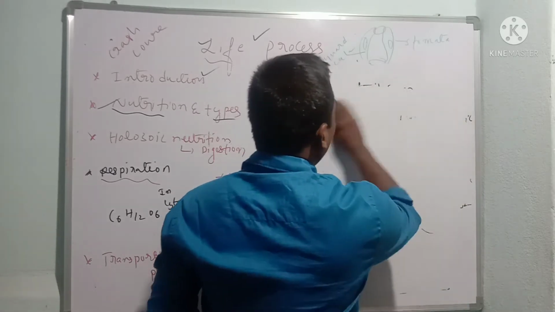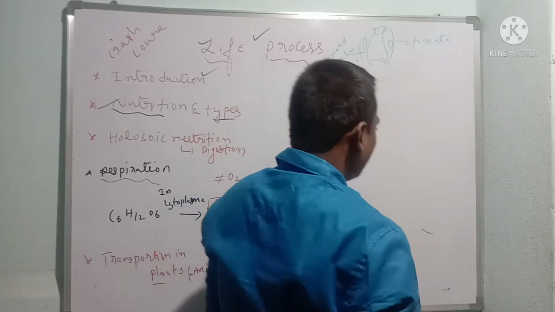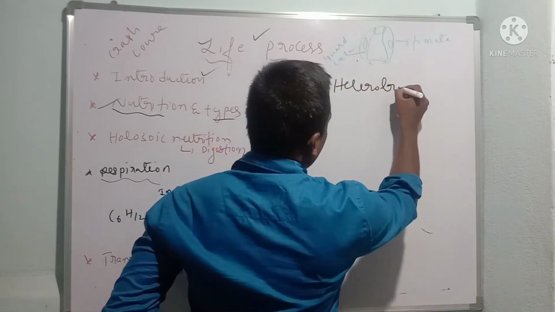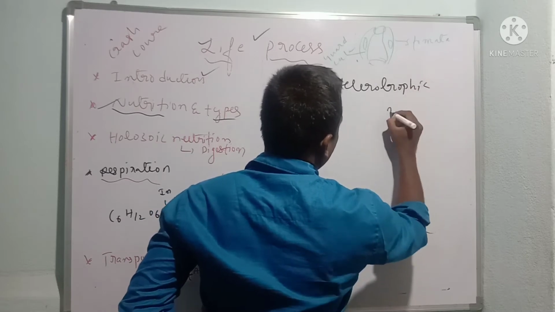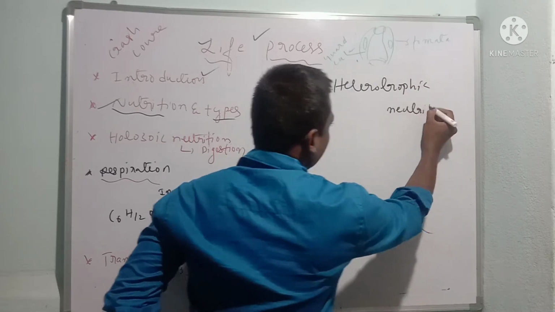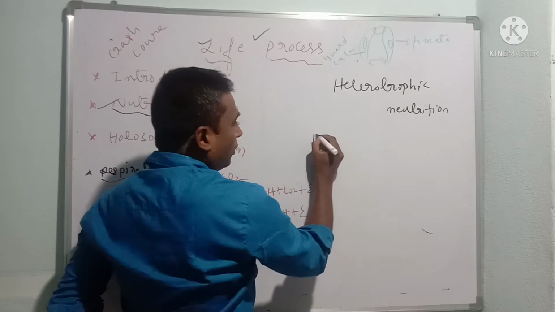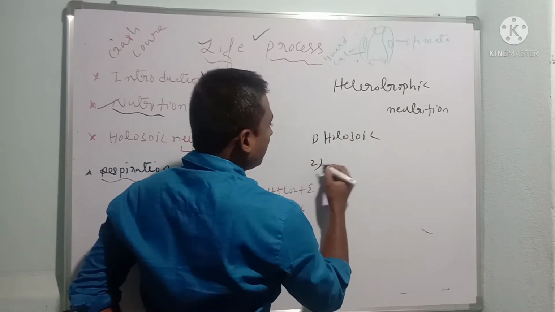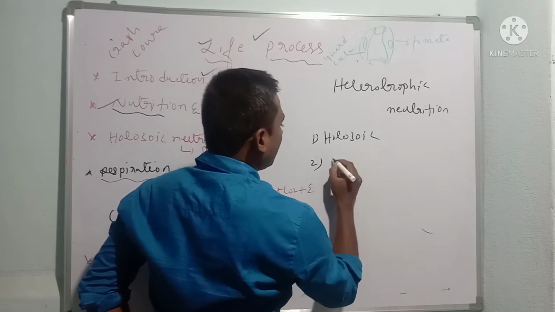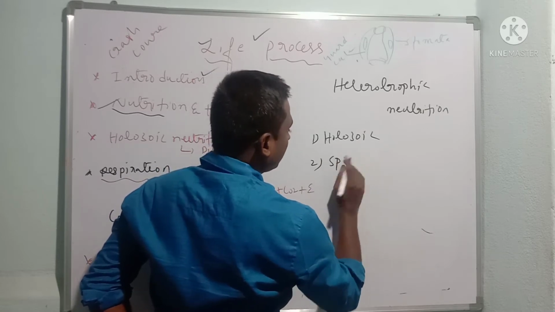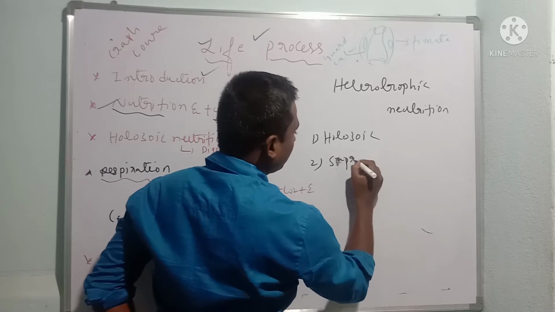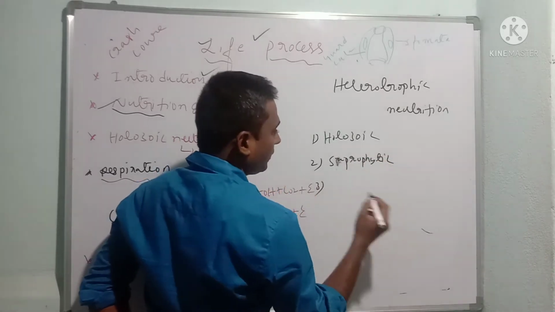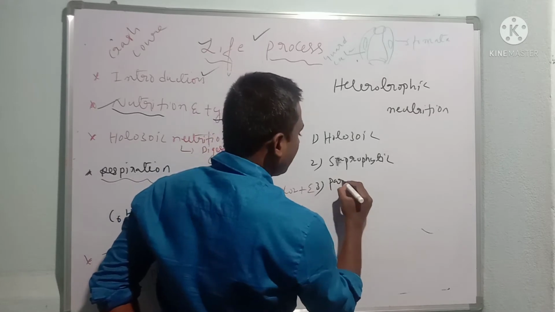That is holozoic, next saprophytic, and third one is parasitic.